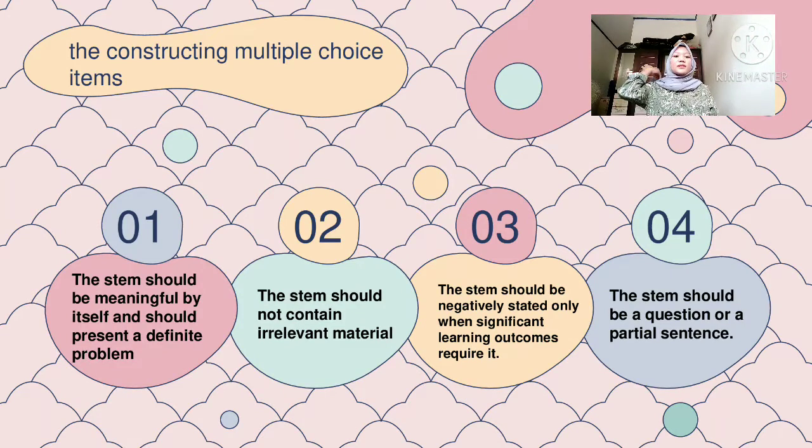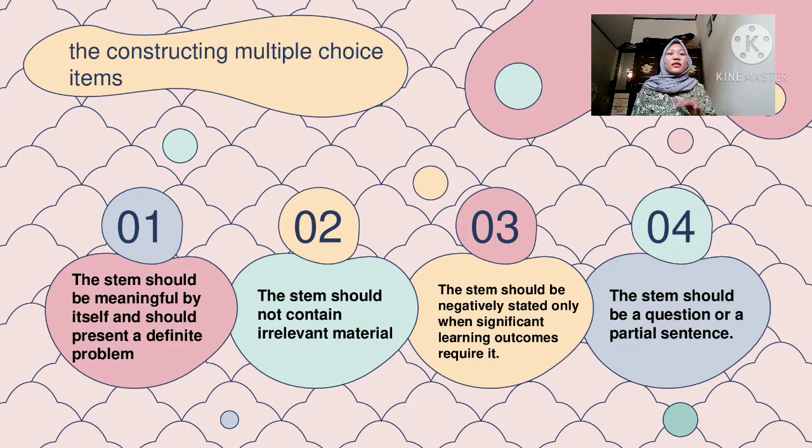Okay, next is about constructing multiple choice items. There are four rules of constructing. The first is the stem should be meaningful by itself and should present a defined problem. A stem that presents a defined problem allows a focus on the learning outcomes.